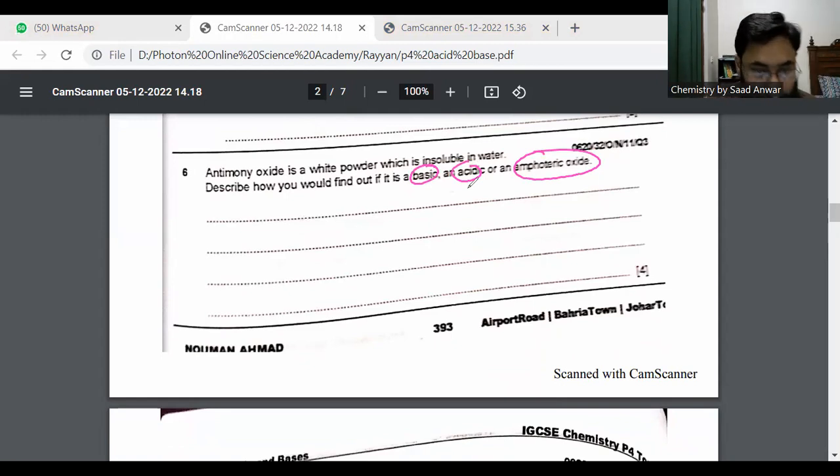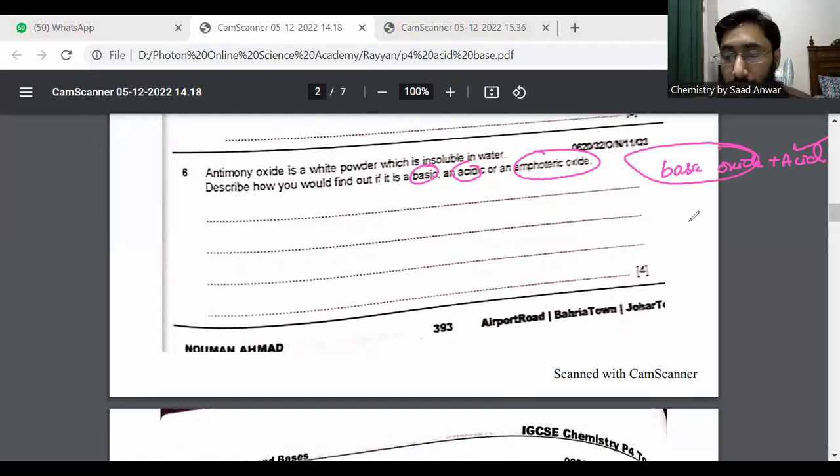Remember, if a substance can react with an acid, it means that substance is a basic oxide.